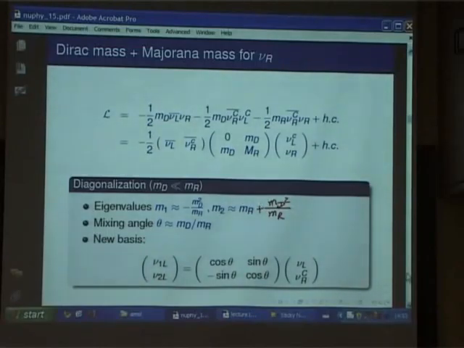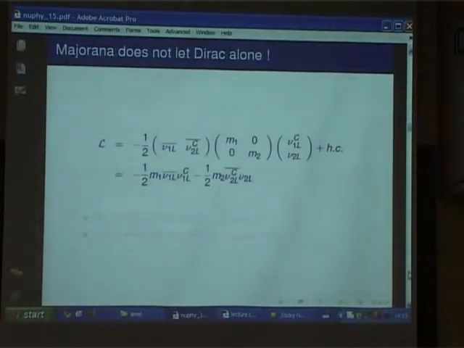So let's write down the Lagrangian in that basis. What does it become? The basis is u1L and u2L. This is u1L bar and u2L bar, sorry, not C. So this was the definition.